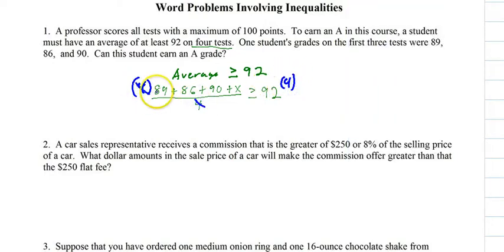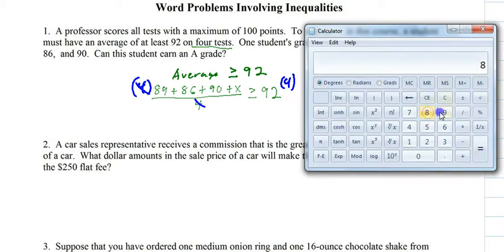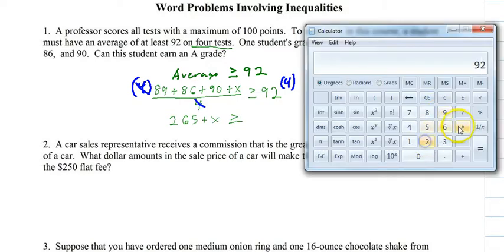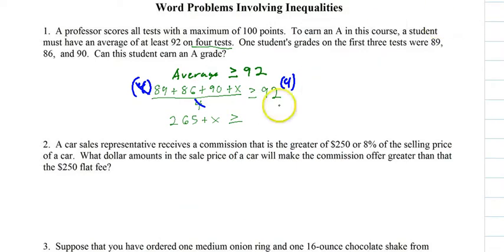That'll cancel our denominator. Add up the tops. We have an 89 plus an 86 plus a 90, so 265. Plus the x, we can't add them because they're not like terms, must be greater than or equal to 92 times 4, which is 368.